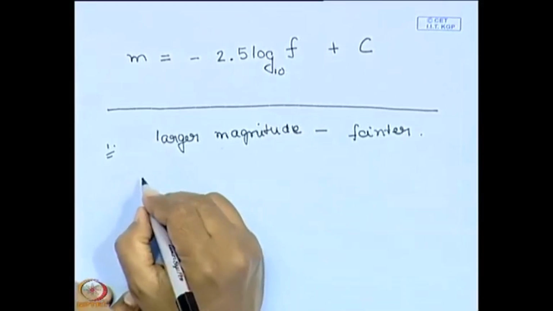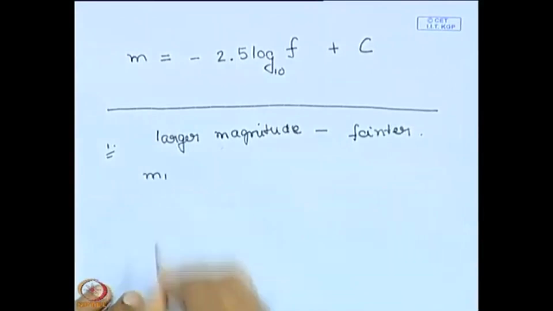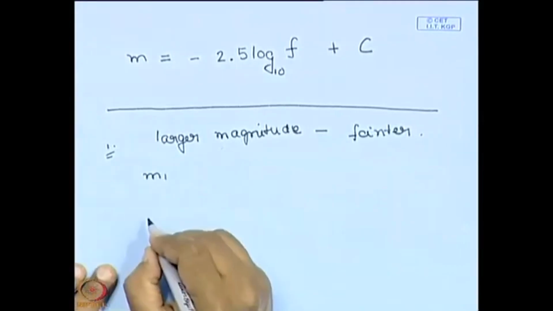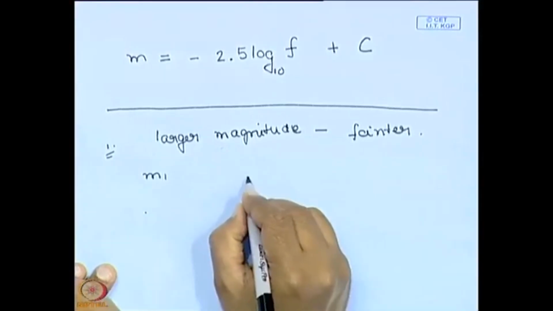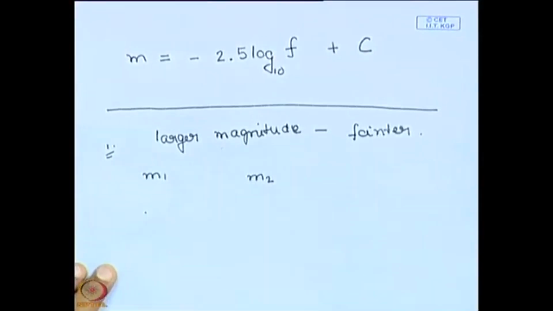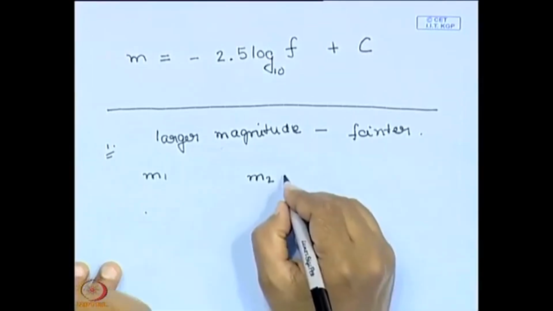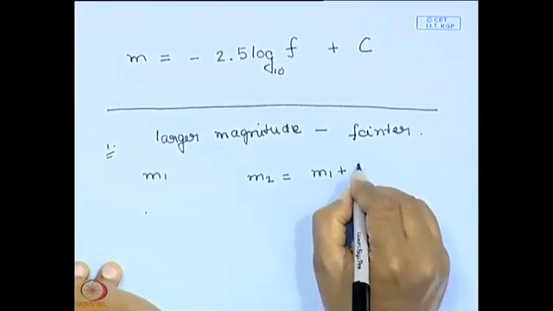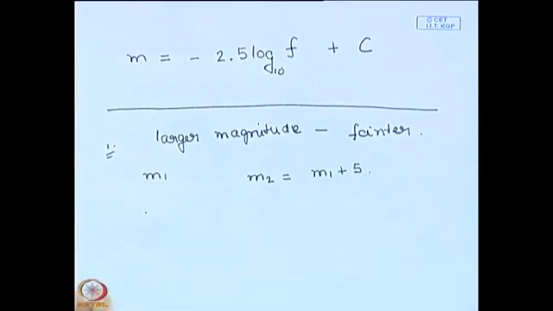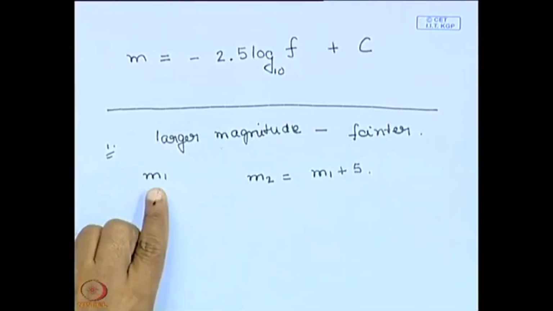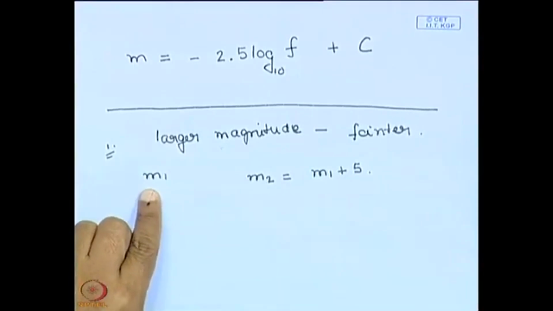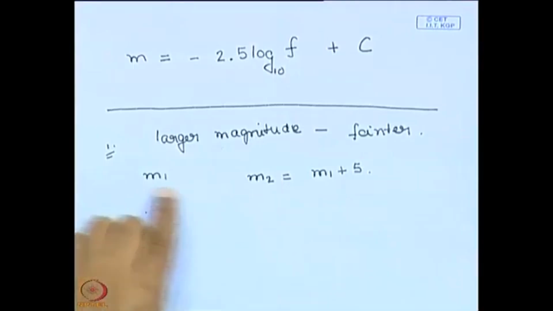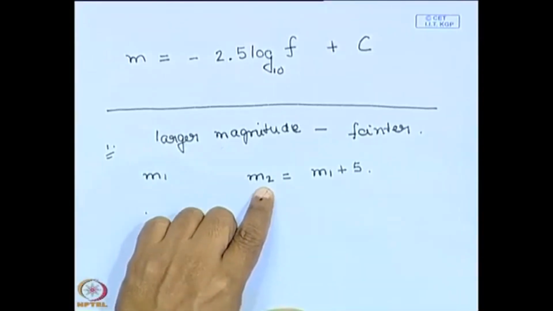Okay, so I have M1, the first source, and let us say M2 is the apparent magnitude of the second source, and M2 is M1 plus 5. So let me ask you, what is the relation between the flux of this source and the flux of this source?